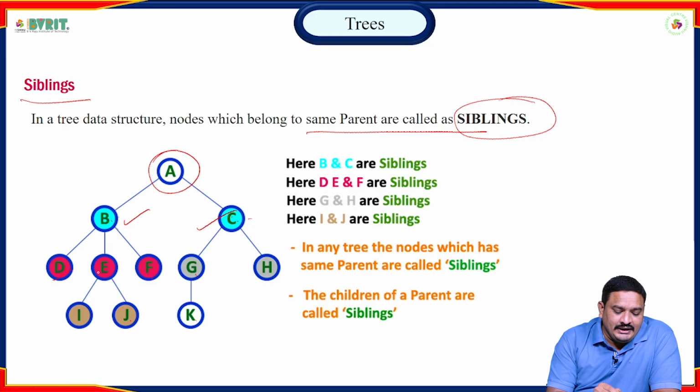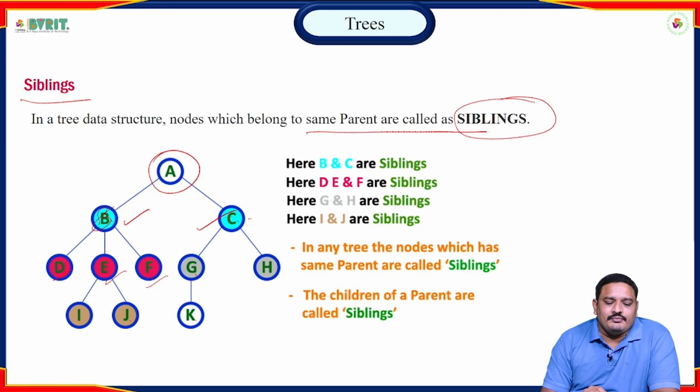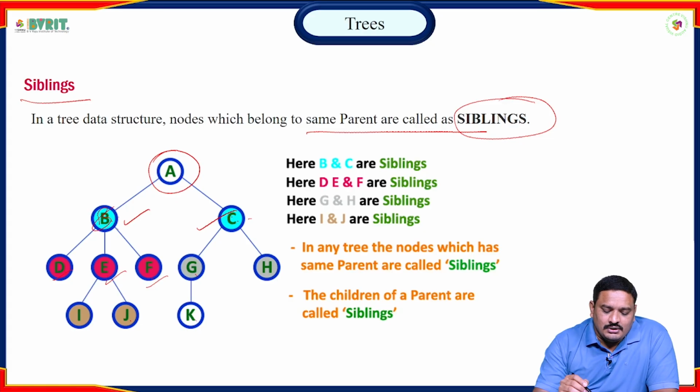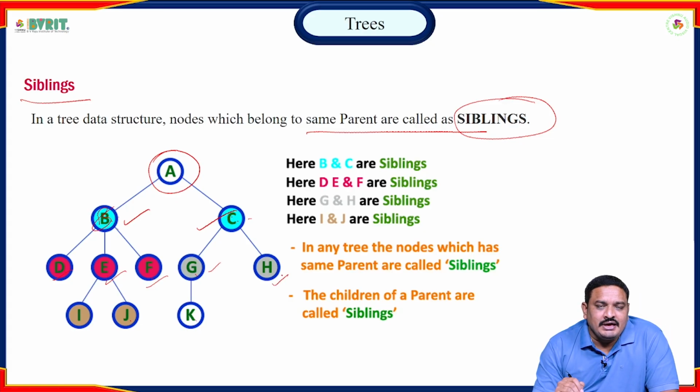Next, D, E, F. These three nodes are the sibling nodes because B is their parent node. And also G and H are sibling nodes because G and H have one parent node.